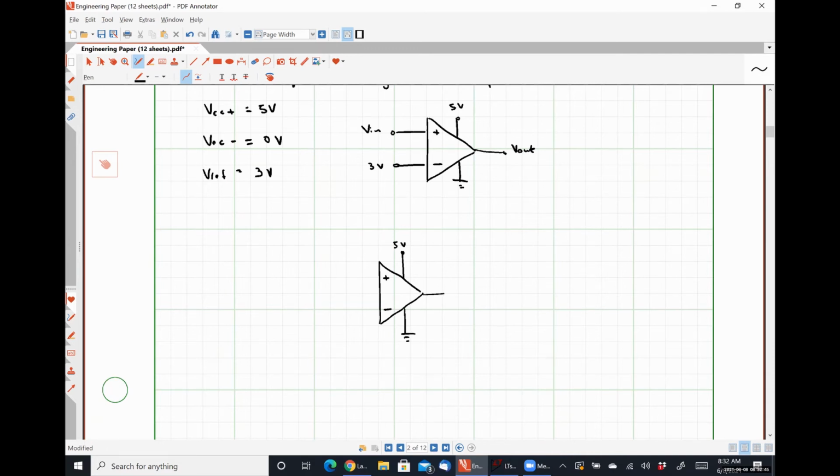I'm not going to change my output signal in any way, and I'm not going to change my input in any way either. I'm still going to apply Vn as a function of time to my non-inverting input terminal. But I'm going to establish my reference voltage by using a simple resistive divider circuit.